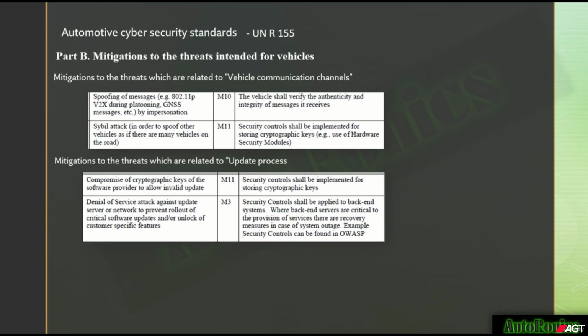This is a potential risk. And then the mitigation can be security controls shall be applied to backend systems where backend servers are critical to the provision of services. There are recovery measures in case of system outage. Example, security controls can be found in OWASP.